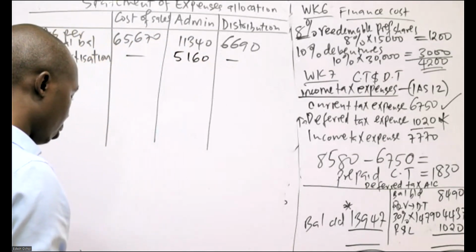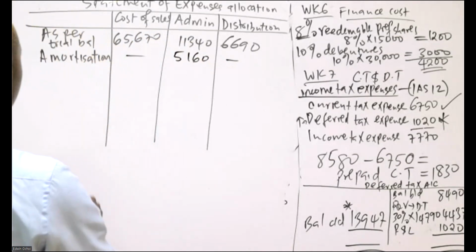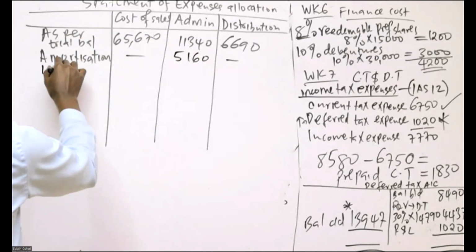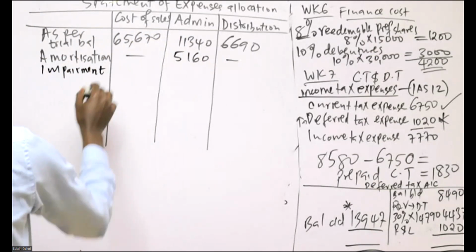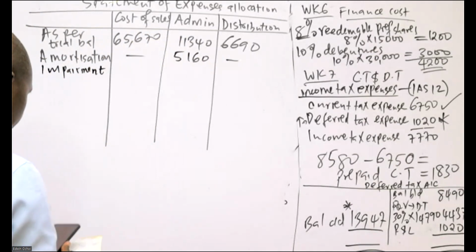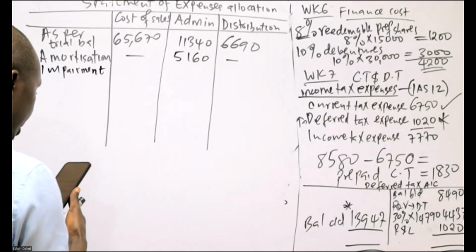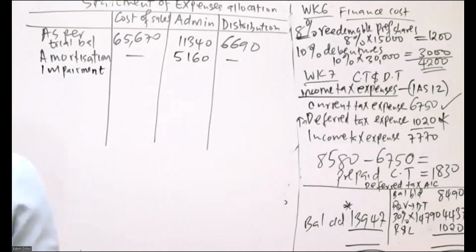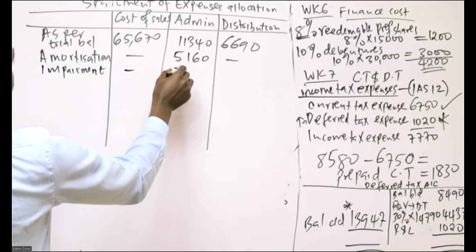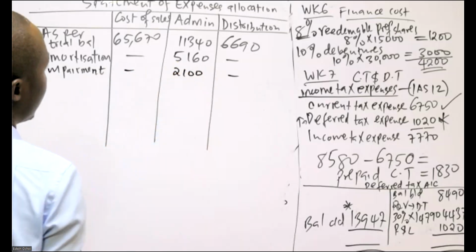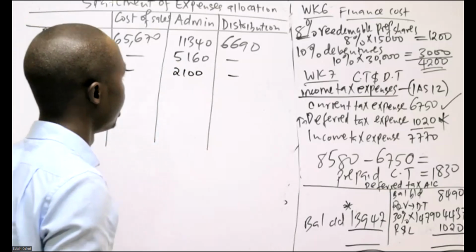Then again, there were 2 items I considered. The impairment, after it reduced its value, 15,600 minus 13,500. Again, patent, it's an intellectual property. That one you put in admin.